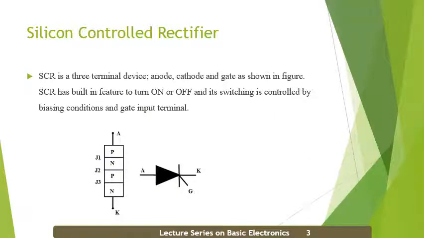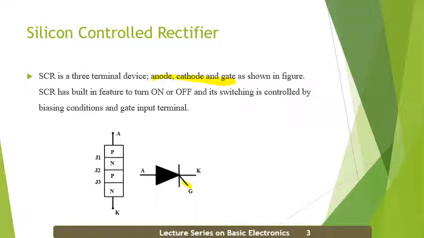When we look at the silicon control rectifier, this device looks exactly similar to the diode. The only thing is this gate is extra here. So SCR is a three-terminal device. It has three terminals: anode, cathode, and the gate.